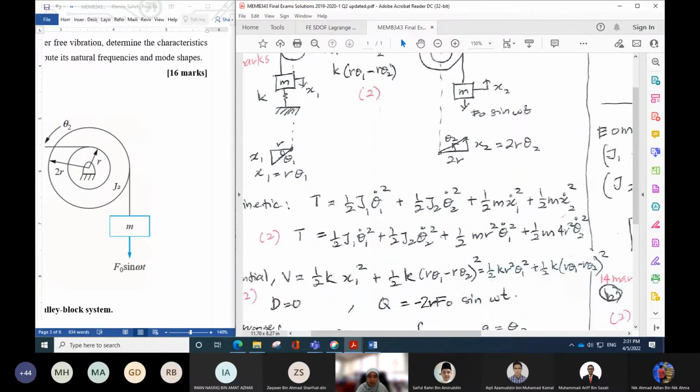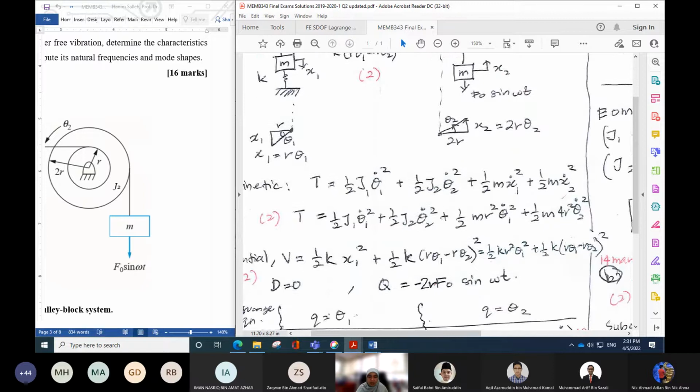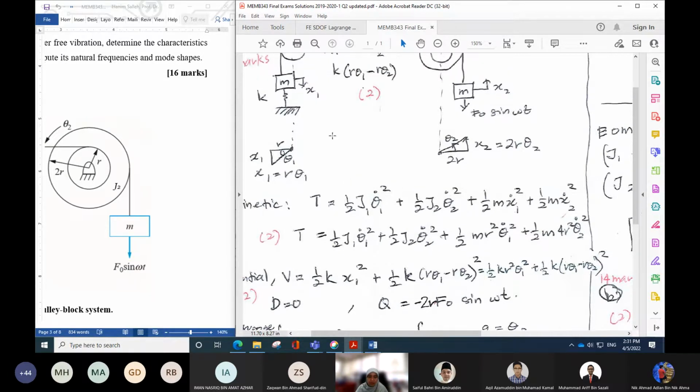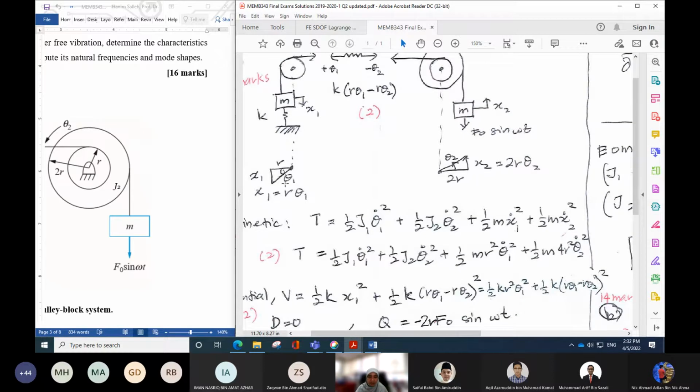Then we have to write it in terms of theta. So this is maybe another tricky part. You have to convert everything in terms of theta. You can write it as in this equation. I have the relationship here: your x, which is basically the displacement for your k. This one is supposed to be kx1, isn't it?